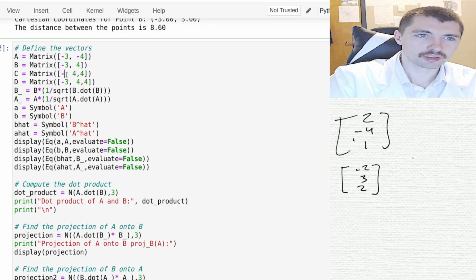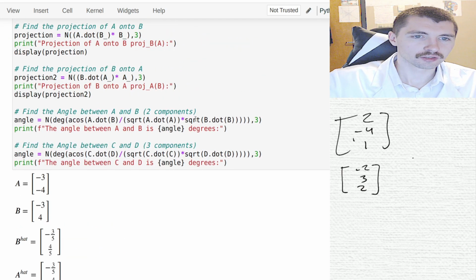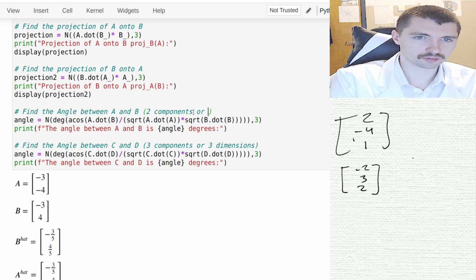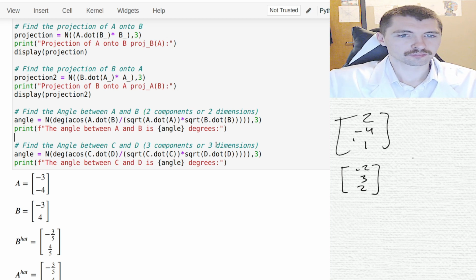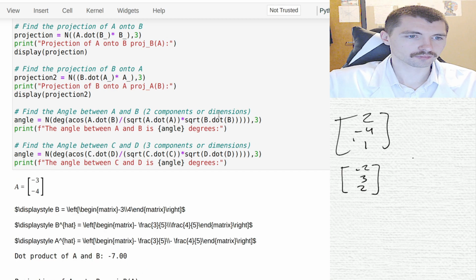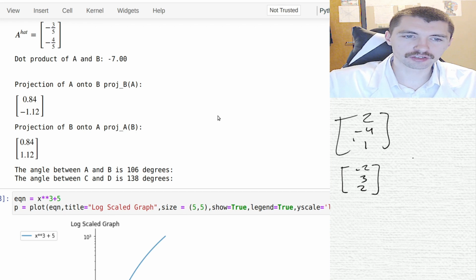So we're just going to do the same thing, but in 3 dimensions. 3, 2, 2, 2, 4, 1, 2, 3, 2. Okay, so I'm getting 138 degrees between these 3 dimensions.